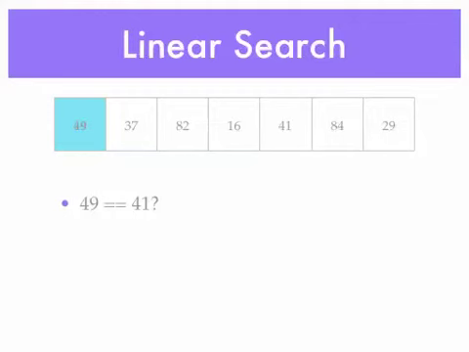No? Well, then we'll continue. We move on to the second element, 37. And 37 isn't our target, so we continue. And similarly with the third element, and the fourth, and the fifth, and finally at the fifth we find the value that we're looking for.